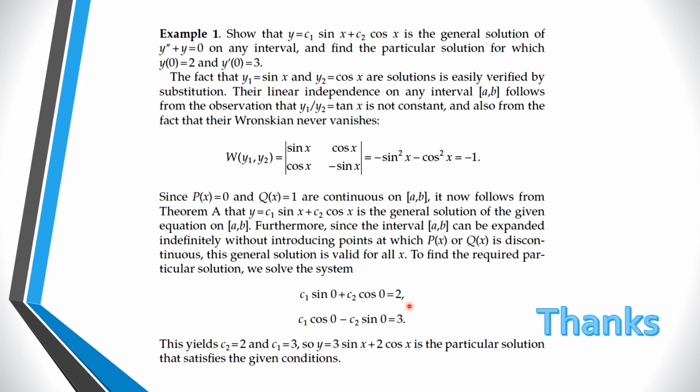This is given to us, right? Since sin 0 is 0, from the first equation you have c2 is 2, and from the second equation you have c1 is equal to 3. So you substitute the values of c1 and c2 over here, and you will get the particular solution of the given equation under this condition.